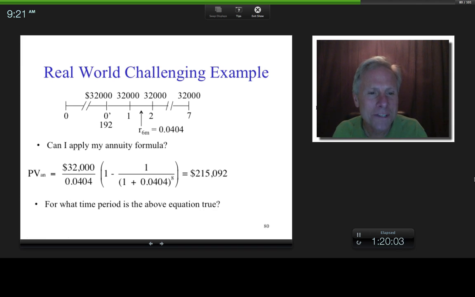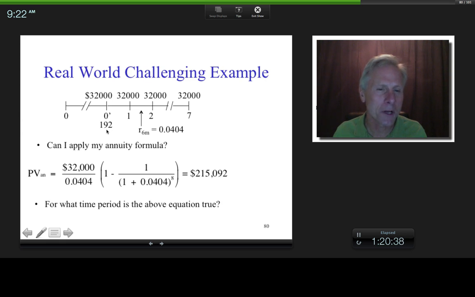And again, for what time period is this true? Okay, now this is going to be tricky. And if you can get this, wow, okay? You remember the 0 prime when Sarah starts college is also time 192 in terms of months. So when you apply this annuity formula, is it the same time period as the first 32,000, the first cash flow, or is it one period earlier? It's one period earlier, right?